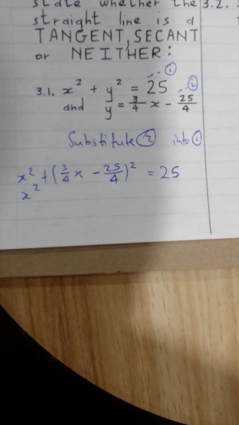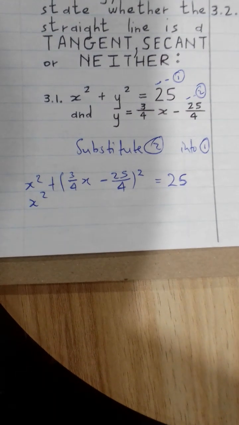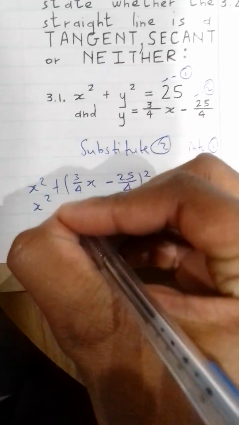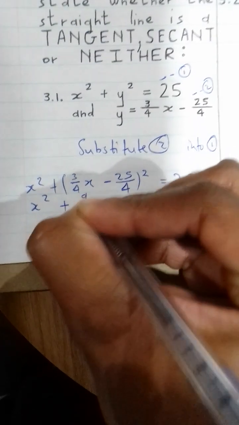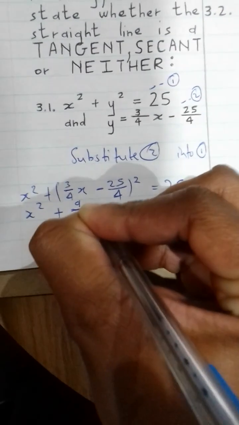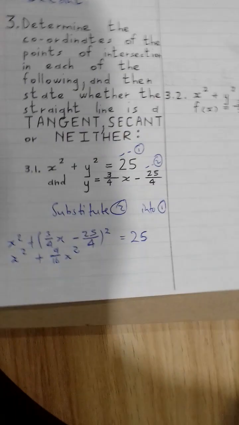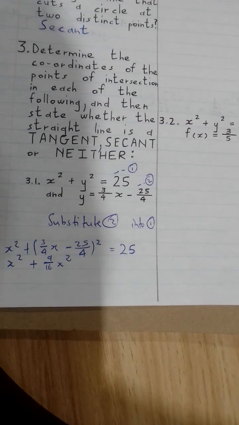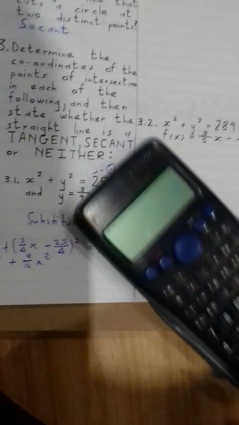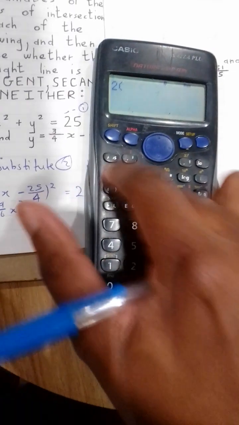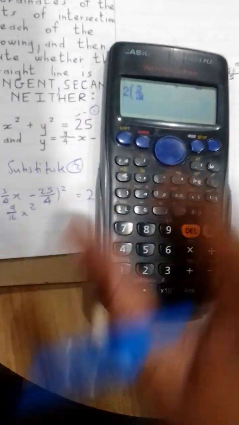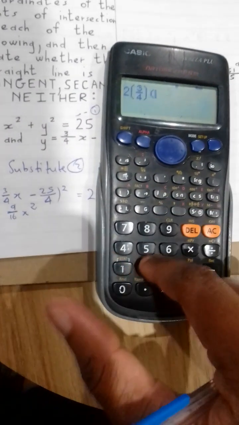So we have x squared plus 3 over 4x squared is 9 over 16x squared. Then the product times 2, so it's going to be 2 times 3 over 4 times 25 over 4.